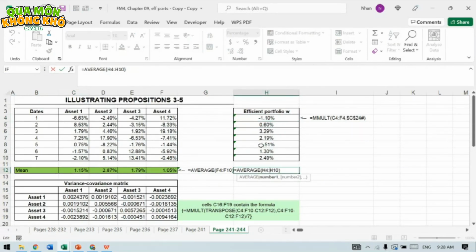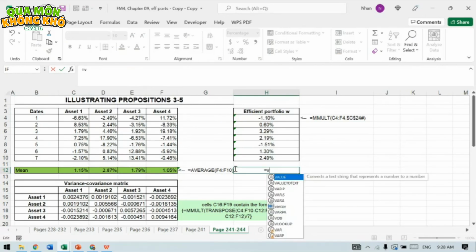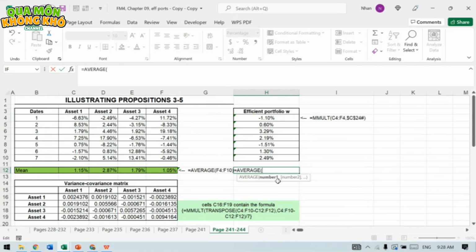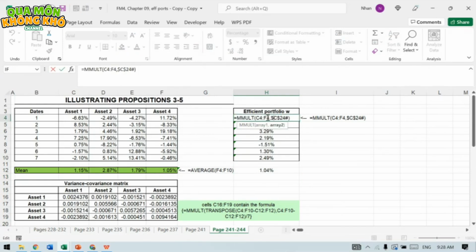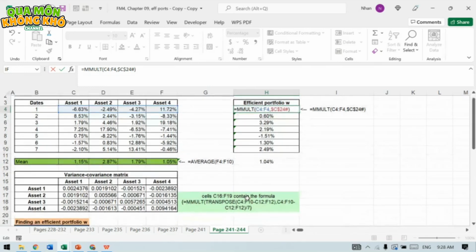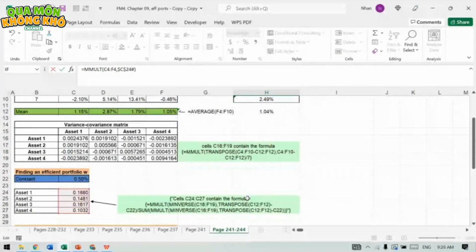The average, let's see, average. Maybe something wrong here. Equal, matrix.